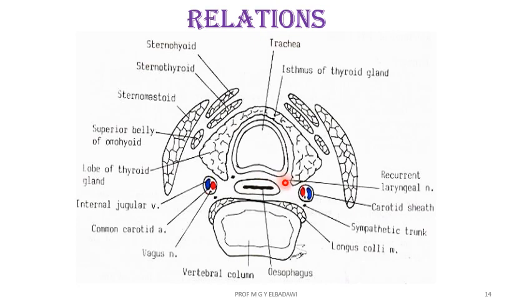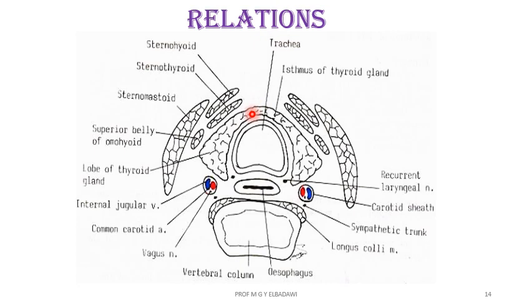And on the left side will be the recurrent laryngeal nerve again, with the thoracic duct at the lower level of the lateral loop. That is the relations of the thyroid gland, the lateral loops.